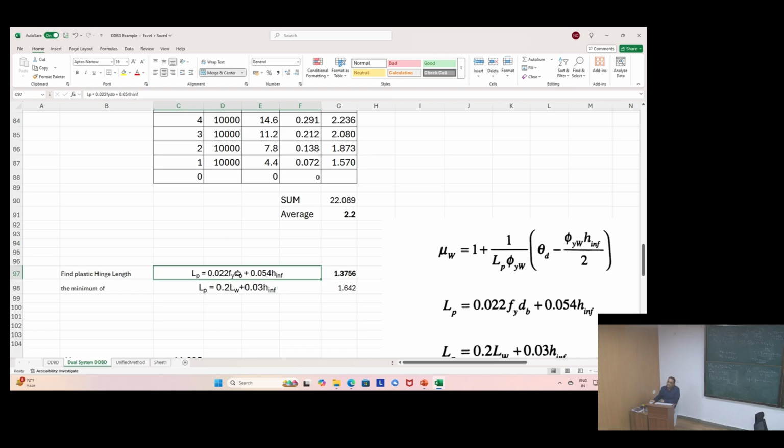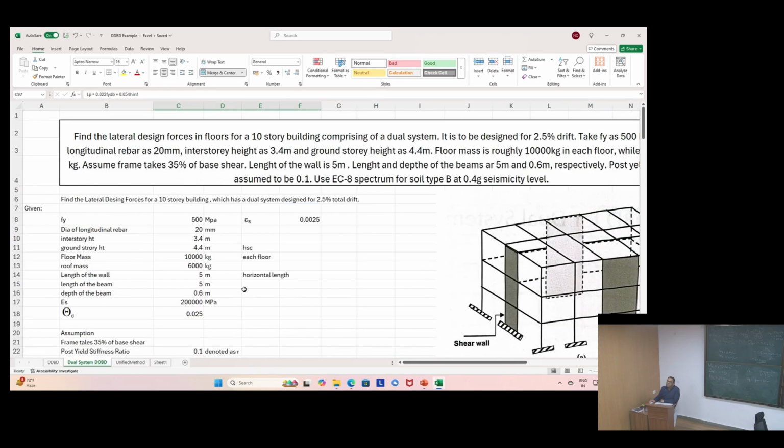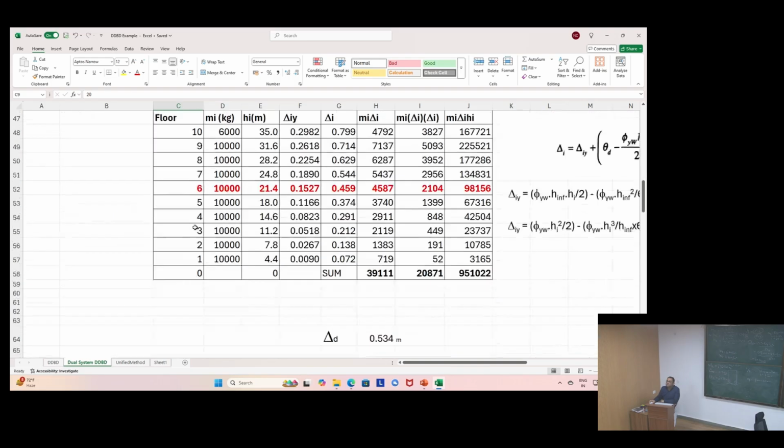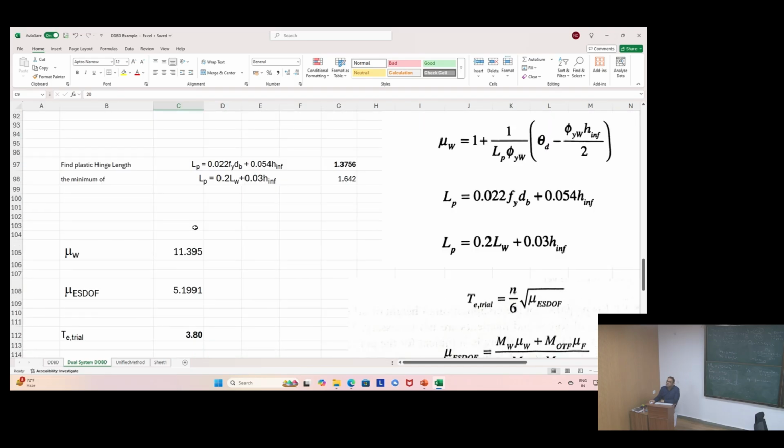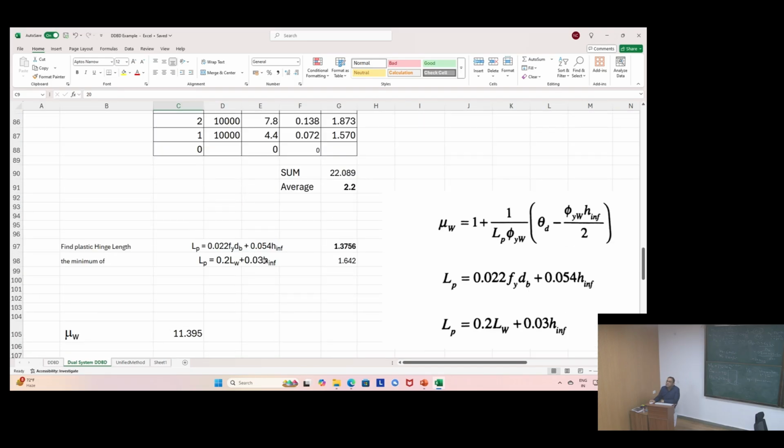So Fy is 500 megapascals, dB is diameter 20 millimeters, and then plus 0.054 times the height of inflection. The other equation is plastic hinge is 0.2 times length of the wall plus 0.03 times the height of inflection.